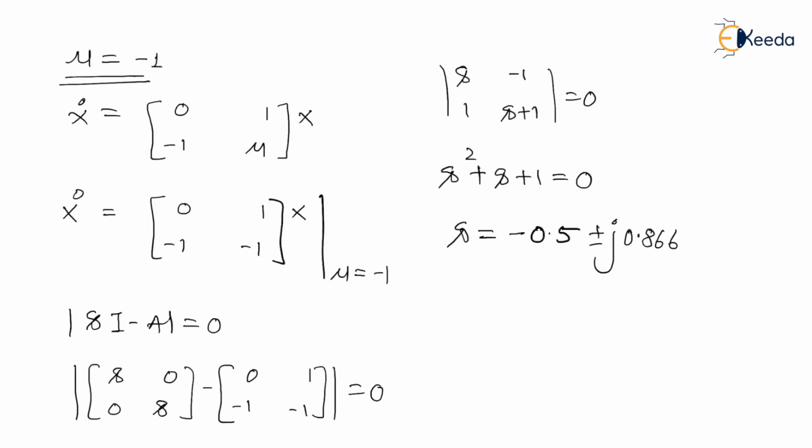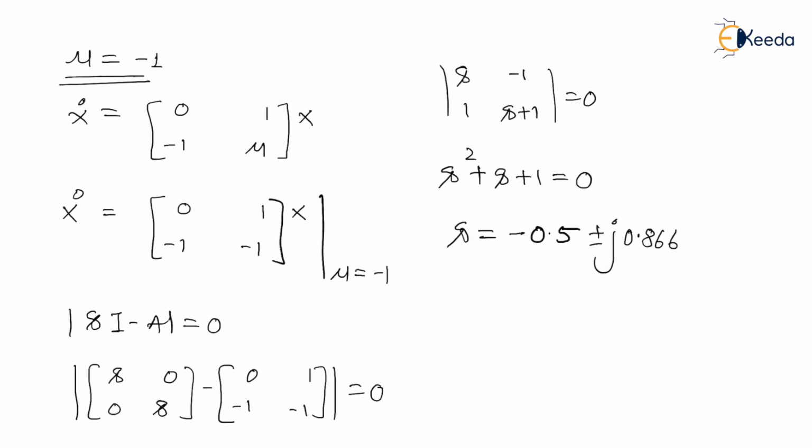So where is the real part of the complex conjugate pole location? It is on the LHS of the S-plane. And we know that if the pole is lying on the LHS of the S-plane, the equilibrium point is stable. Further, it's a stable complex conjugate pole location. Hence, the trajectory will be a focus, or a stable focus.